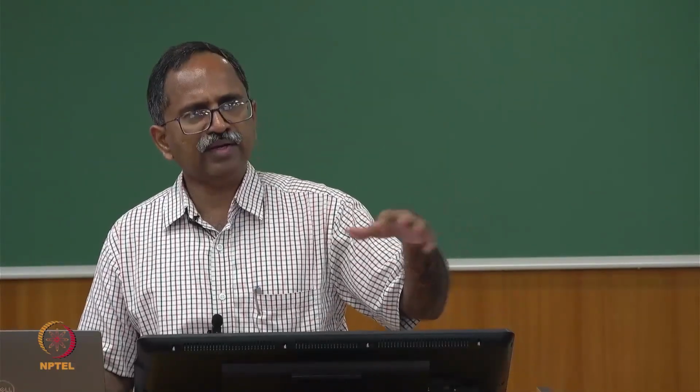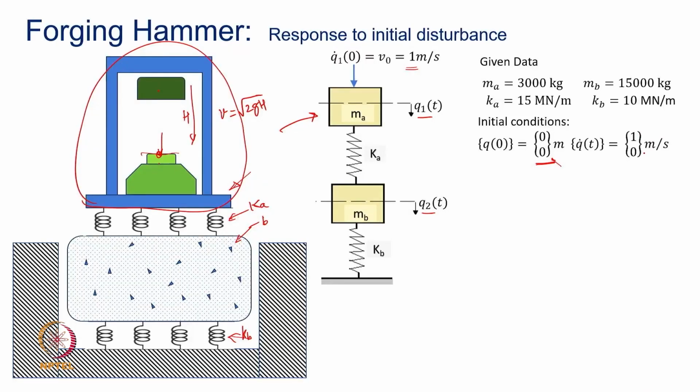We are assuming again that there is no rebound, the entire kinetic energy is instantly transmitted to the mass. So, with those assumptions, 1 0 becomes your initial velocity, and this is in a vector form. Just because there are 2 degrees of freedom, you have the vector of 2 cross 1 size. Okay.